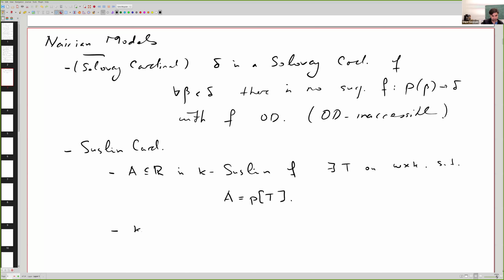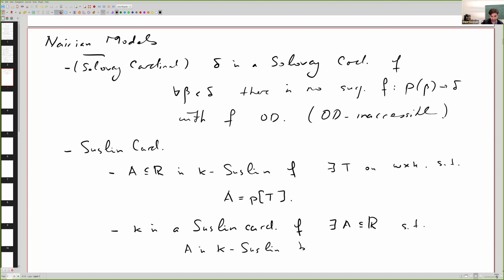And then we say kappa is a Suslin cardinal if there is a set A such that A is kappa Suslin, but not lambda Suslin for every lambda less than kappa. So there's some set A which is kappa Suslin, but this Suslinness cannot be witnessed below.